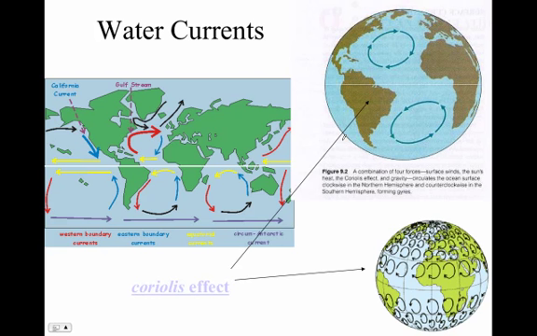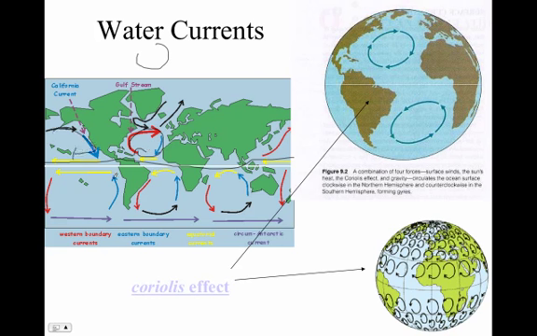And how does this then affect things? Well, it helps affect surface currents. So again, here's our equator. And winds work very similar to this. Because of the Coriolis effect, or the spin of the Earth on its axis, we get hot water moving in this clockwise pattern above the equator. Clockwise.